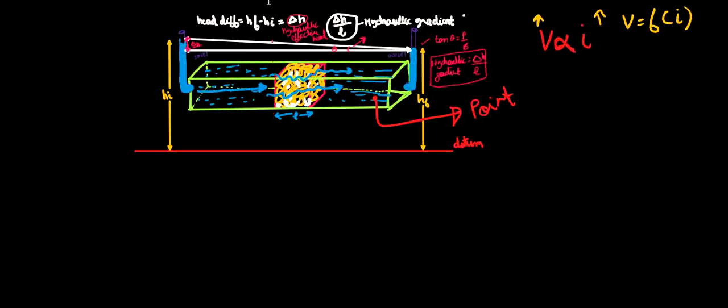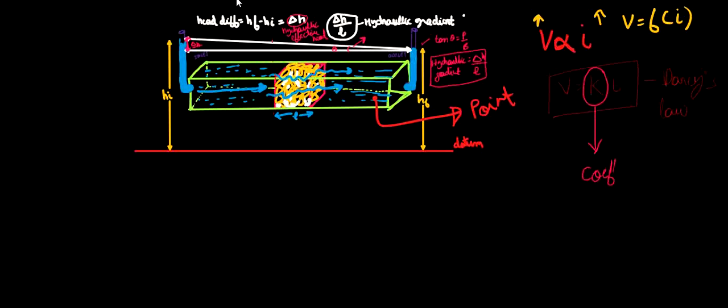So now if I remove this proportionality sign, I will obtain a constant. So this is nothing but Darcy's law, and this constant K is our permeability.